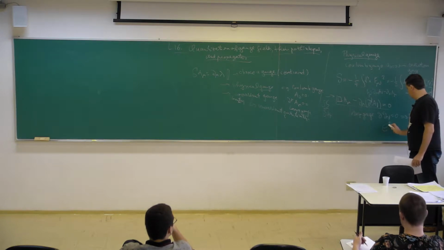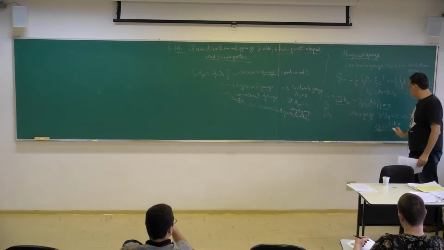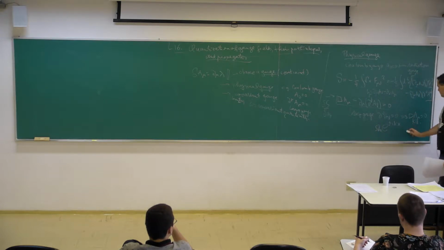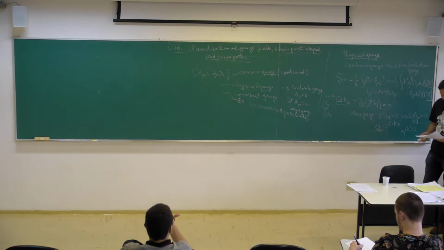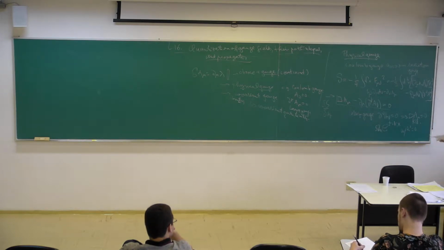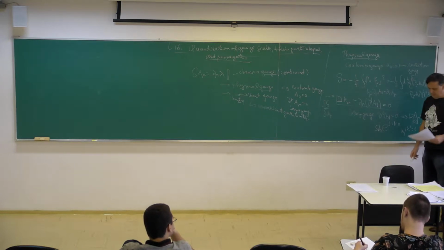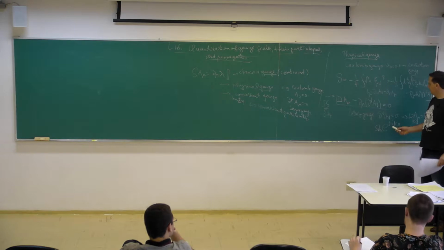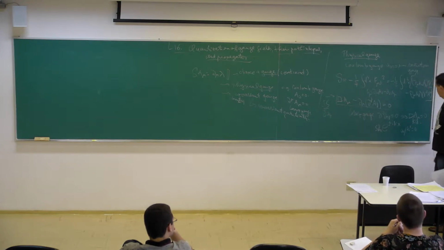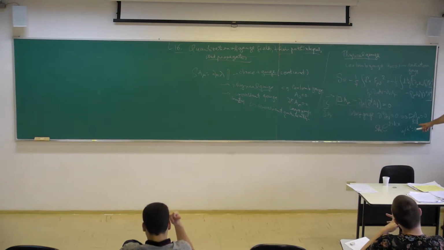So the solutions of this are e to the plus minus ikx with k squared equal to 0. Right? However, we have to remember that these are gauge fields, so they have an index.